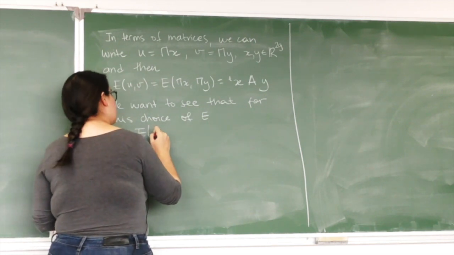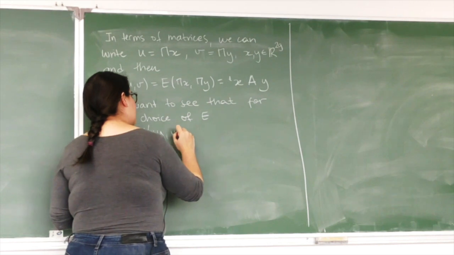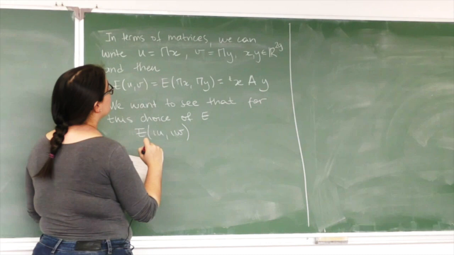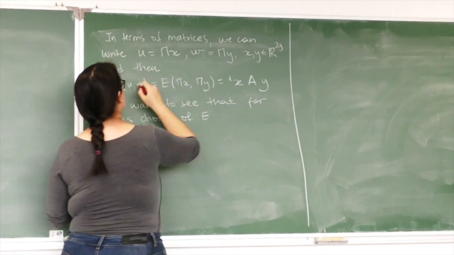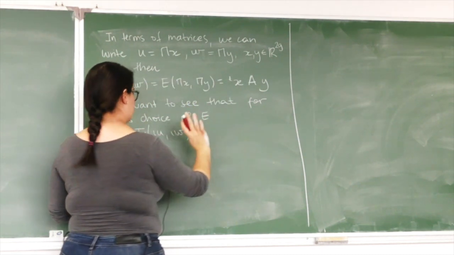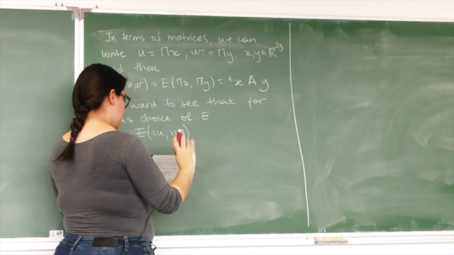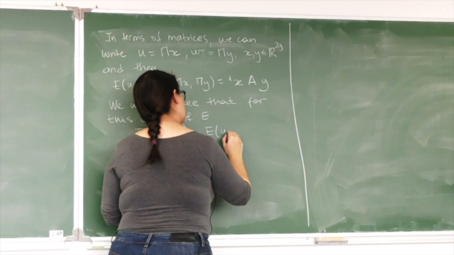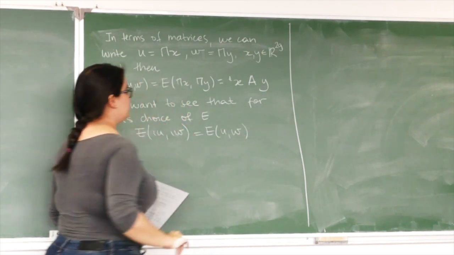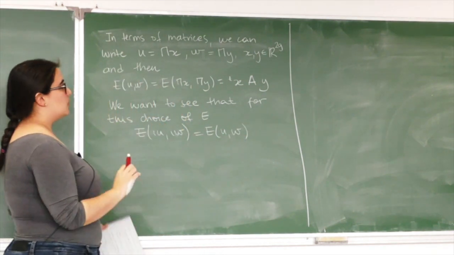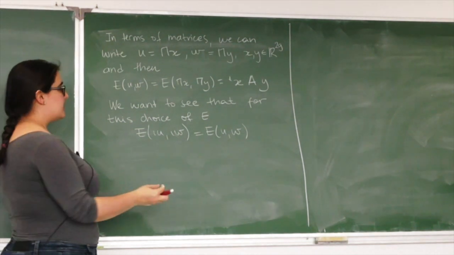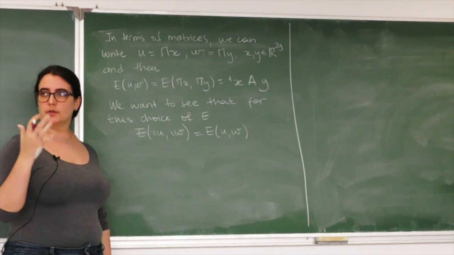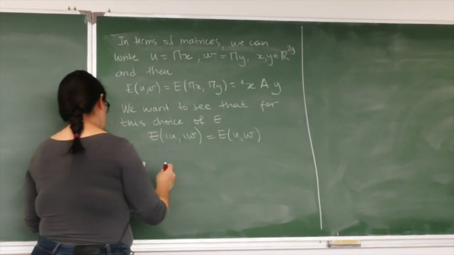So E of iu, iw, sorry, v, w, so that we can keep it clean, equals E of v, w. The one thing that we are missing in matrix form is this multiplying by i. But for this, we go back to the definition of the homomorphisms.